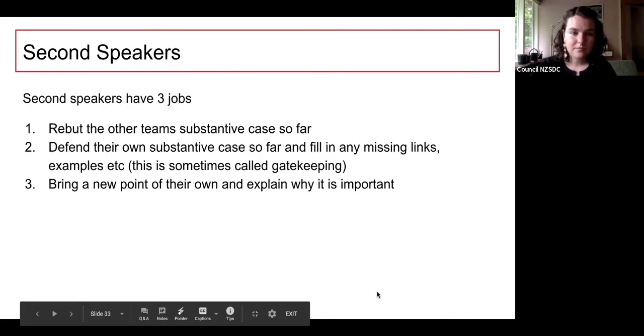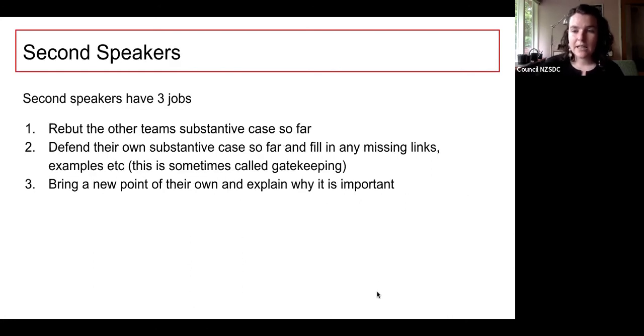Hopefully. Okay, second speakers. So second speakers have a similar job to first negative, and they've got 3 roles to fulfill. The first thing is that you want to do rebuttal to the case that you've heard so far from the opposition. The second thing is that you want to defend your own substantive case.